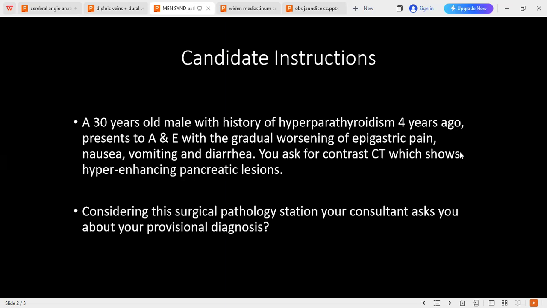There is another terminology which is frequently asked in this station. How would you define apoptosis? It is programmed cell death. How would you differentiate apoptosis from necrosis?